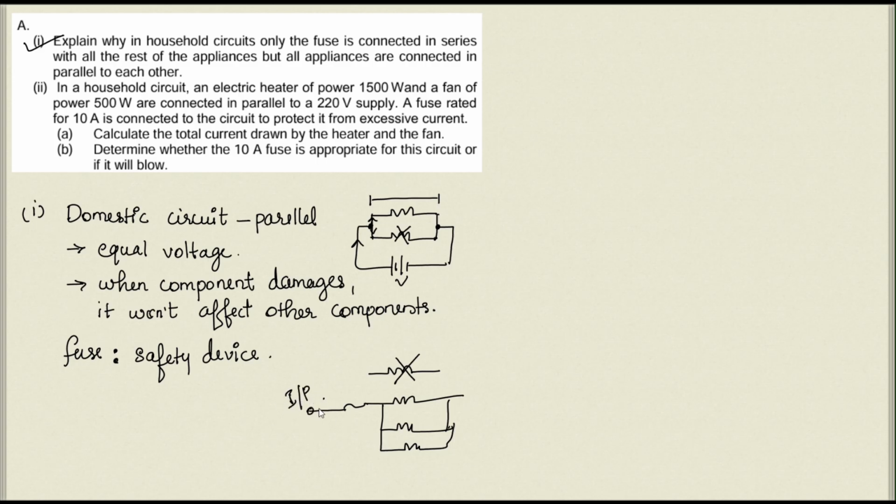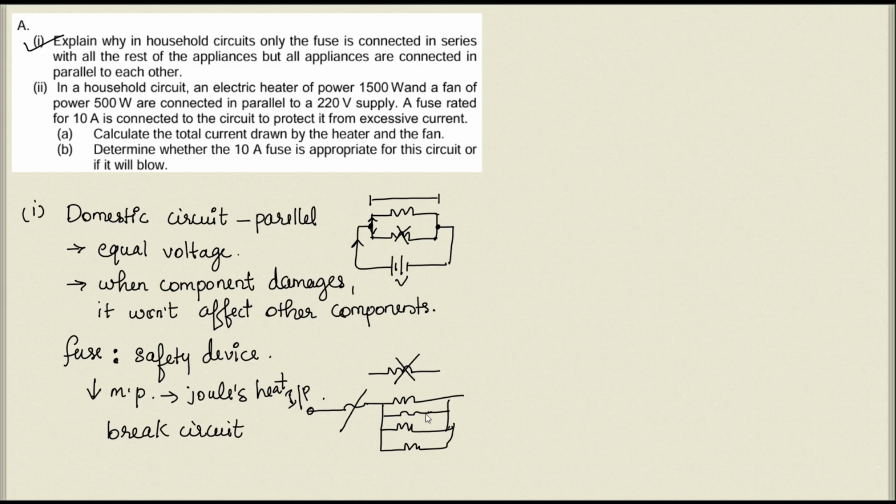Due to voltage fluctuations, if there is high current passing through the particular conducting line, due to the low melting point of the fuse wire, according to Joule's law of heating, this fuse wire will melt and break the circuit and save the other devices from getting damaged. But if we are connecting the fuse wire in parallel, what will happen?